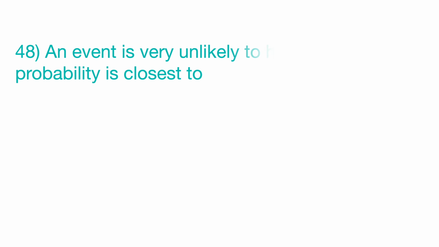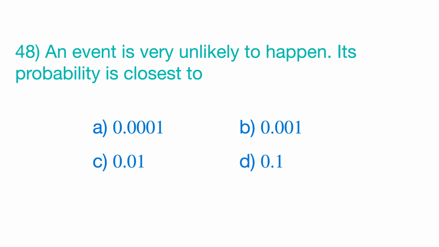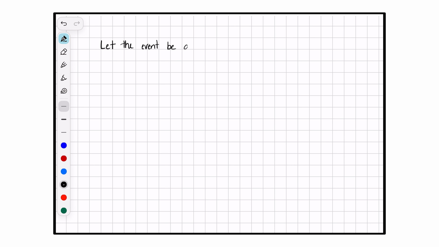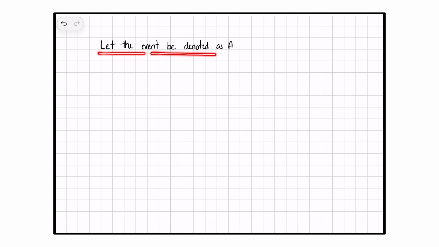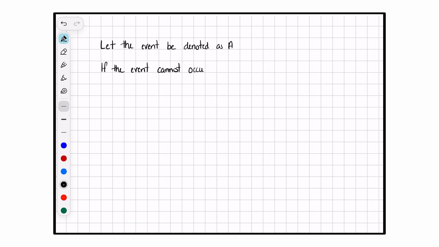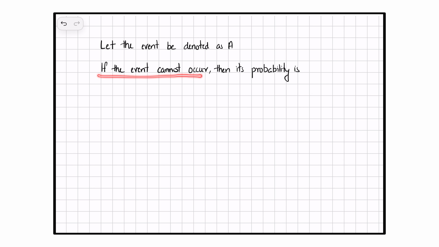An event is very unlikely to happen. Its probability is close to 0. So it is said that the event is very unlikely to happen. Let the event be denoted as A. If the event cannot occur, then its probability will be P of A bar equal to 0.